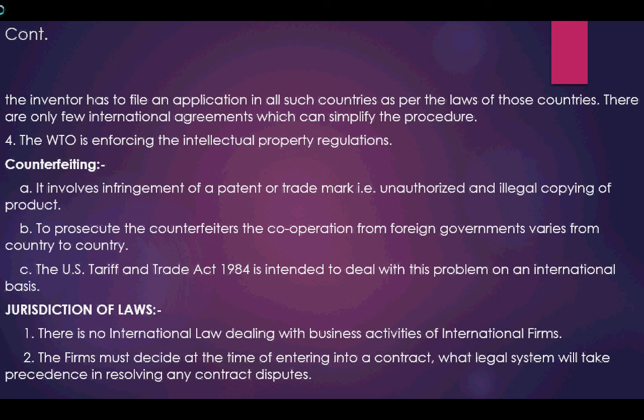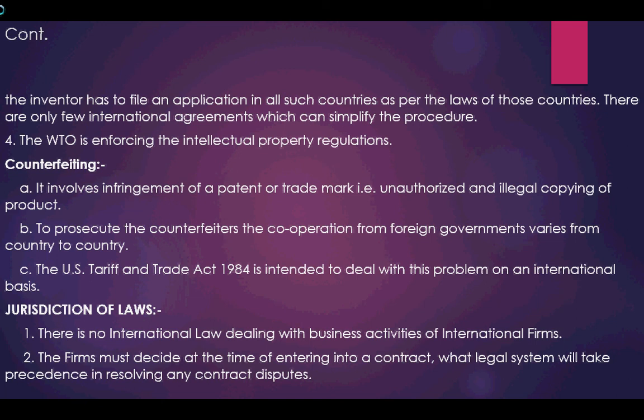There are only a few international agreements which can simplify the procedure to protect the inventor from many challenges. The World Trade Organization is enforcing intellectual property regulations. Counterfeiting involves infringement of a patent or trademark, that is, unauthorized and illegal copying of the products.